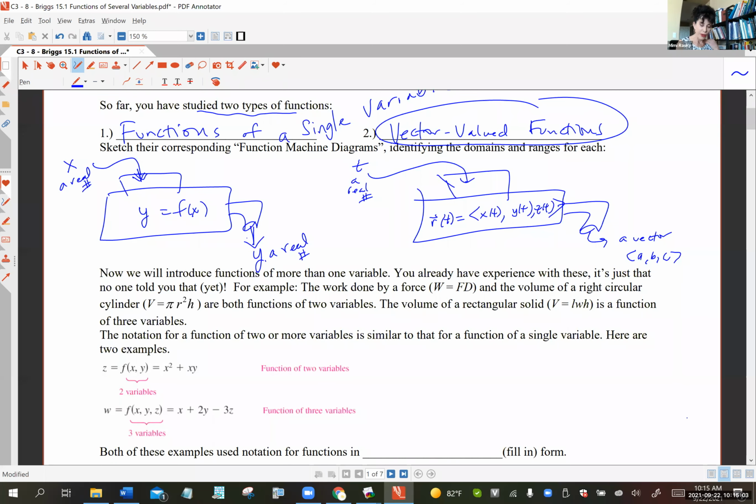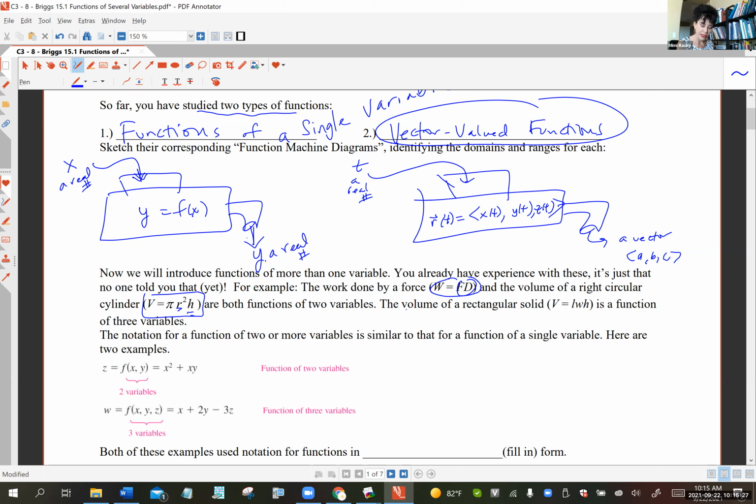Well, what do you mean? Well, look, when we did work is equal to force times distance, that has work, a function of 2 variables, force and distance. There you go. How about when you're dealing with volume of a cylinder? V for volume, that's a function. And it's a function of 2 variables, r, the radius of the cylinder, and h, the height. So there's a function of 2 variables.